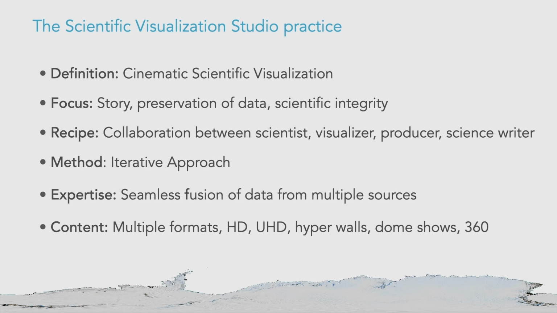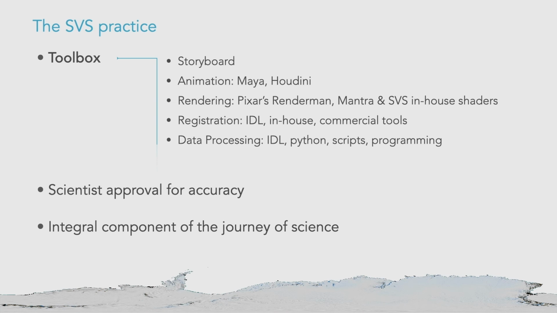This layering, which is very similar to painting, as you layer a painting with maybe more than one figure, or how you create an orchestra out of individual instruments playing, allows us to create complex visualizations with context. The visualizations are created for multiple resolutions depending on the venue or platform they will be shown, and we support HD, Ultra HD, hyperwalls, and less often bigger productions such as dome shows.